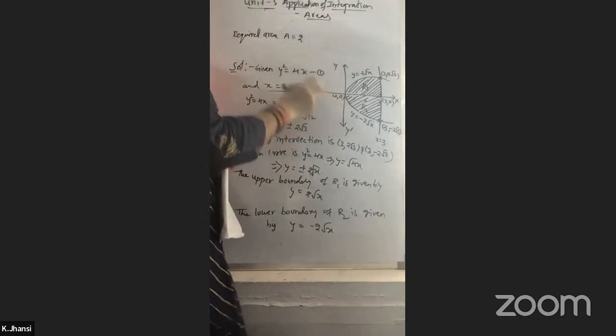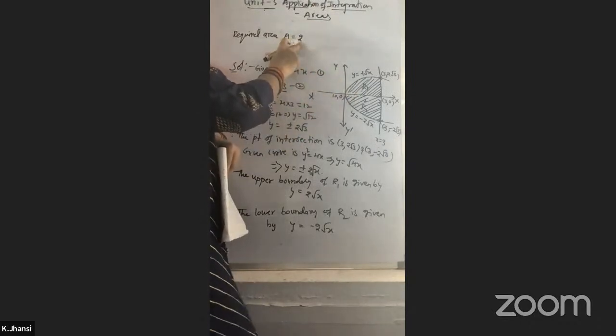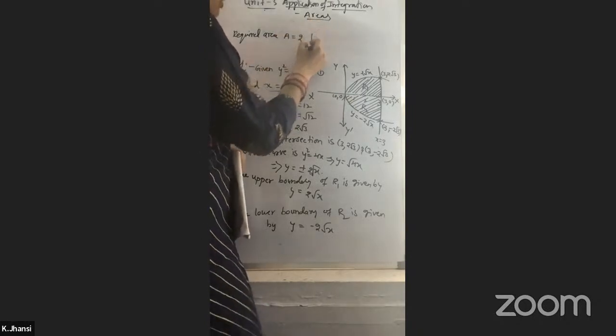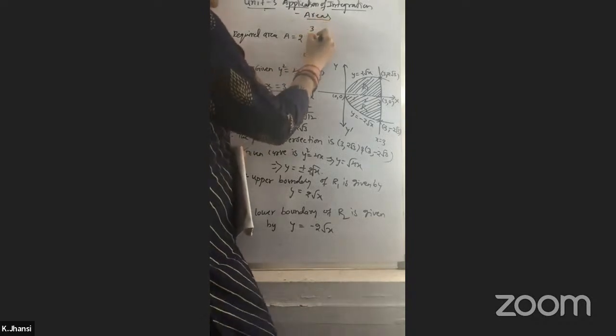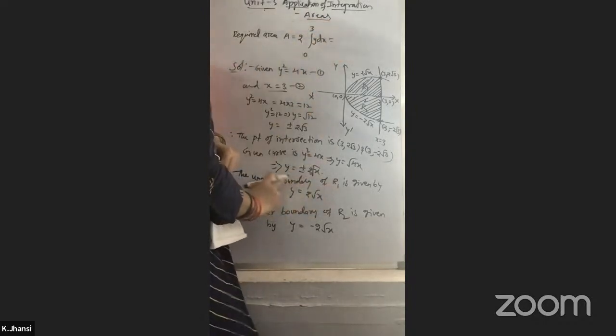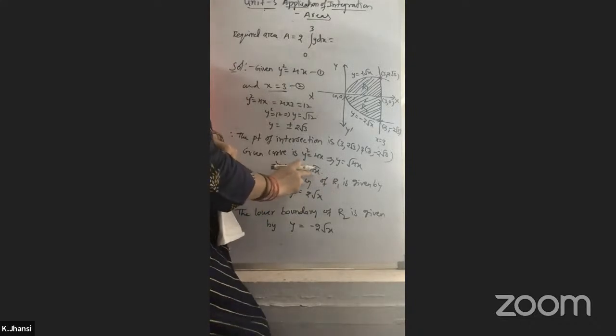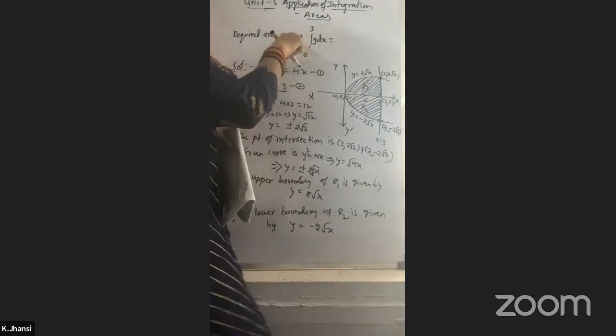So it is 2 times. Why are we writing 2 times? Upper part and lower part, we are combining them. So it is 2 into integral from 0 to 3, so these are the limit values. Okay. Into y dx. So what is our y value here? y equals plus or minus 2 root x. Only one we can take. Why? Because we are combining. No?